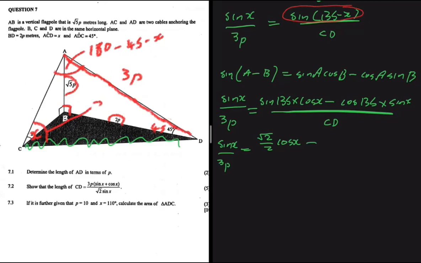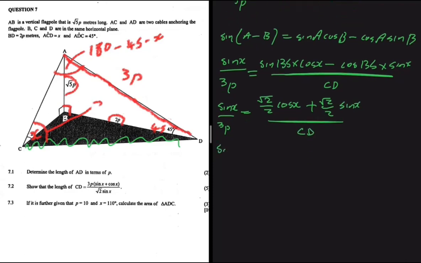Cos of 135 is minus square root of 2 divided by 2, so this will just become plus square root of 2 divided by 2. And then sine of x is just sine of x, right? There's nothing more we can do there, divided by CD. So sine of x divided by 3P will be equal to, obviously we're taking square root of 2 divided by 2 as a common factor.